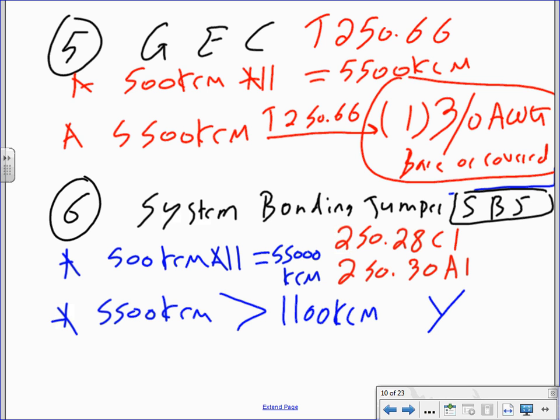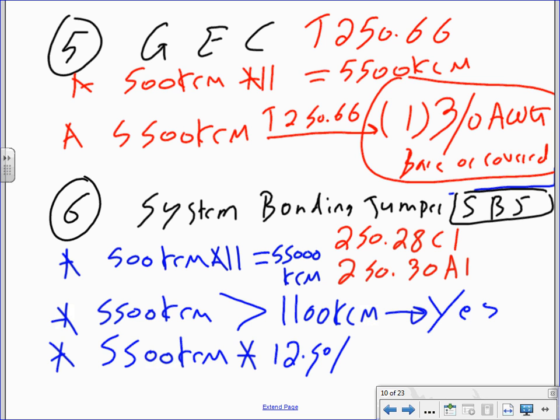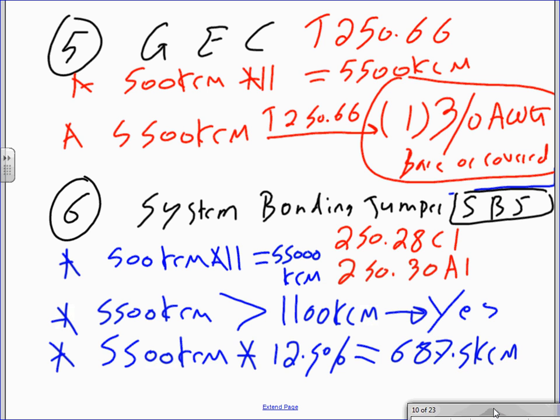If your answer to this question is yes, then, gentlemen, you're going to take the 5,500 kcmil and multiply it by 12.5%. If you do the math on that one, that would be 687.5 kcmil. Because my answer is yes.